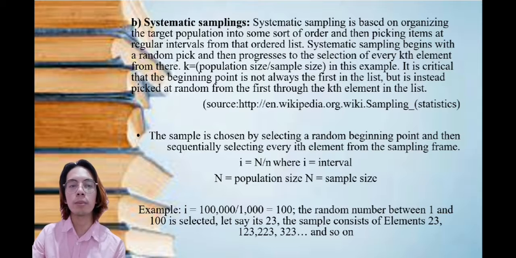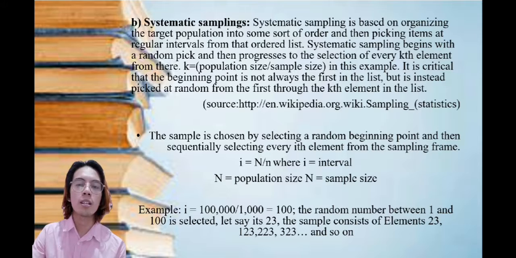Then there is the sample. The sample is chosen by selecting a random beginning point and then sequentially selecting every kth element from the sampling frame. I equals N over n, the interval, where N equals population size.